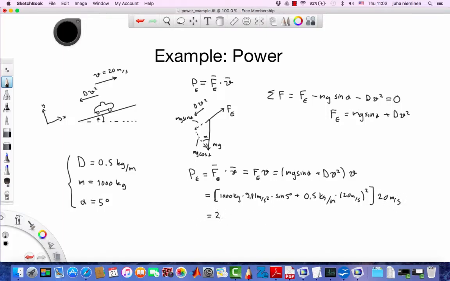This gives about 21,000 watts, so 21.1 kilowatts.